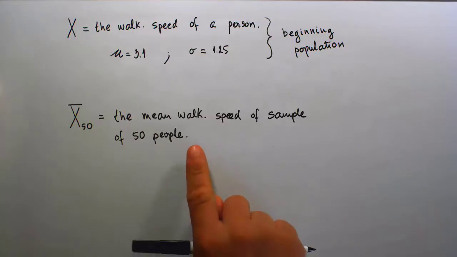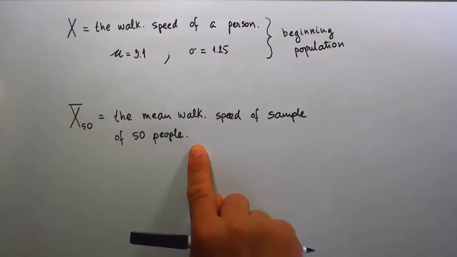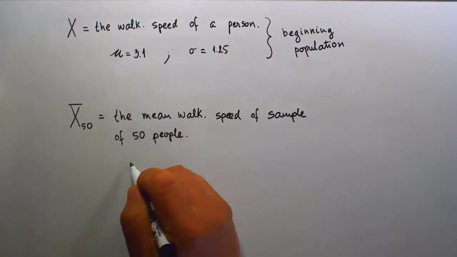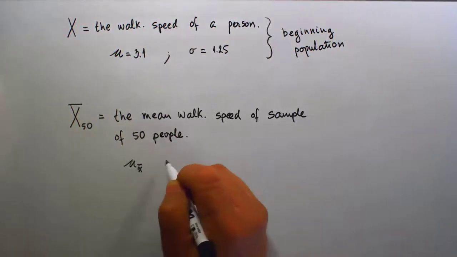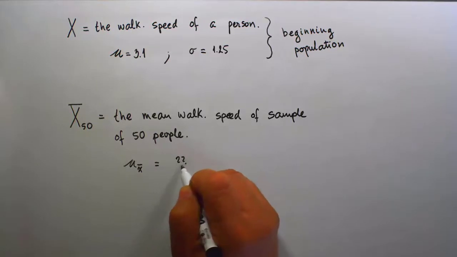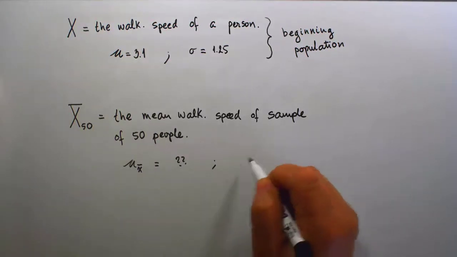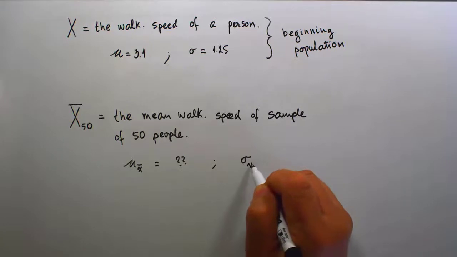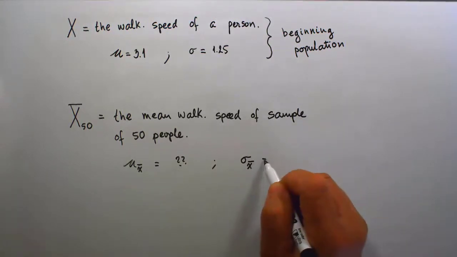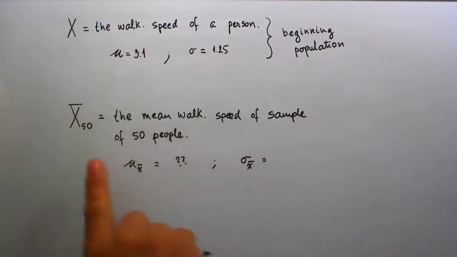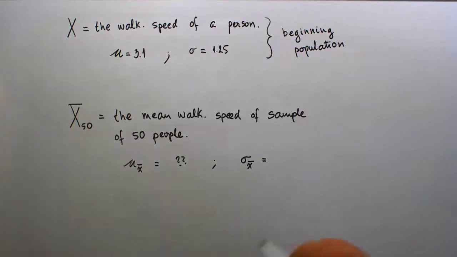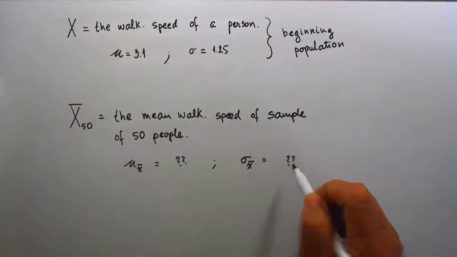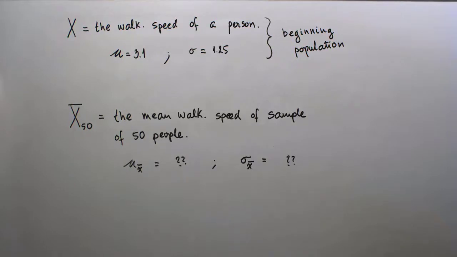Once we recognize a completely brand new population, a completely brand new distribution, we must find out the value for our center. We also have to find out the average spreading, standard error, or standard deviation on this sampling distribution of the mean. What are the values of these population parameters? We must know that first, even though the question did not specifically ask for this.